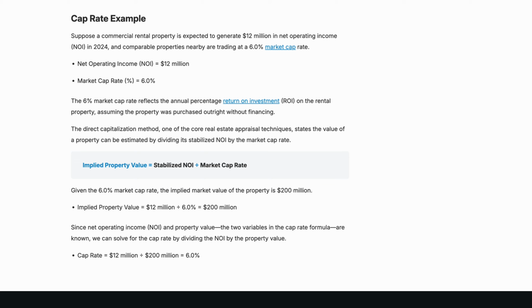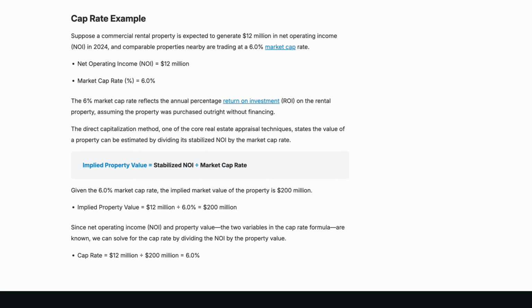The 6% market cap rate reflects the annual percentage return on investment on the rental property, assuming the property was purchased outright without financing. The direct capitalization method, one of the core real estate appraisal techniques, states that the value of a property can be estimated by dividing its stabilized net operating income by the market cap rate.